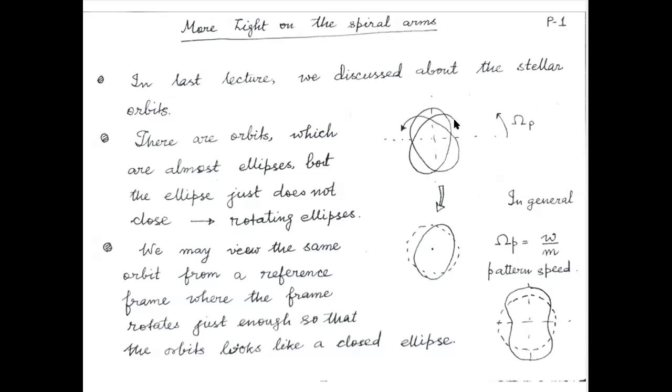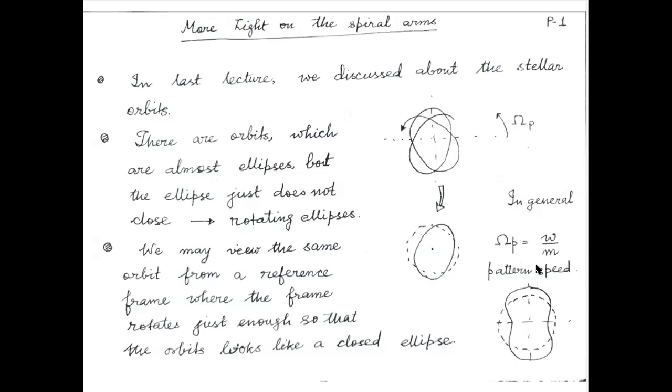You just rotate by a good enough amount such that the ellipse, when it comes back, exactly closes. These orbits are called co-rotating orbits. We'll call the speed of these orbits the pattern speed.